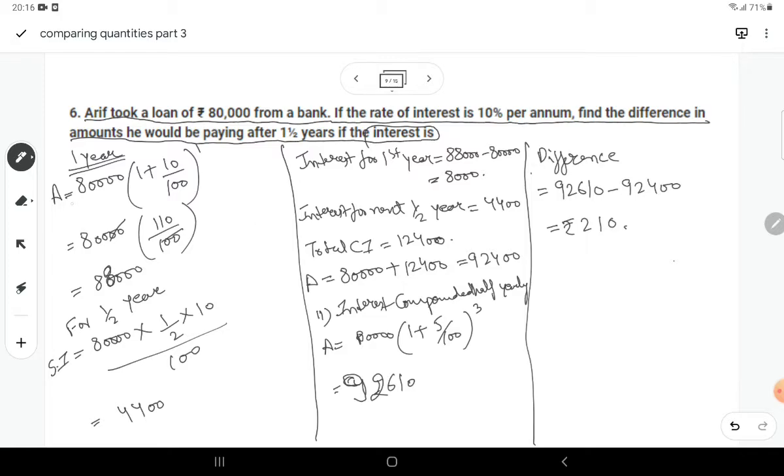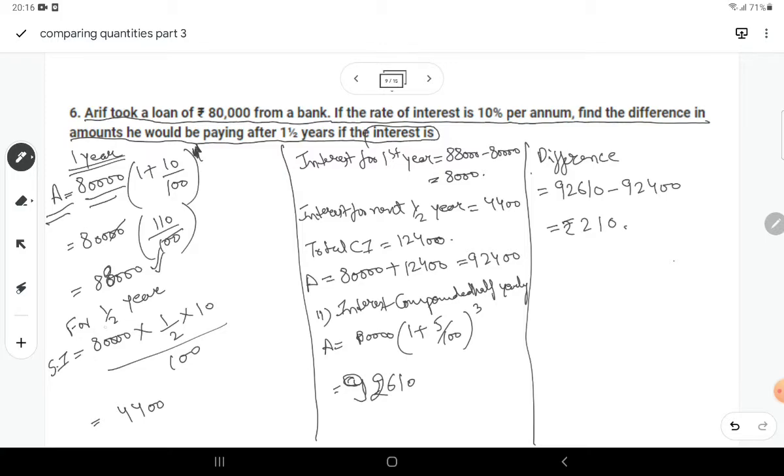So solving it for first 1 year and then half year. Amount would be 80,000 into 1 plus rate of interest 10 upon 100 raised to power 1. On solving this, we get the value as 88,000.